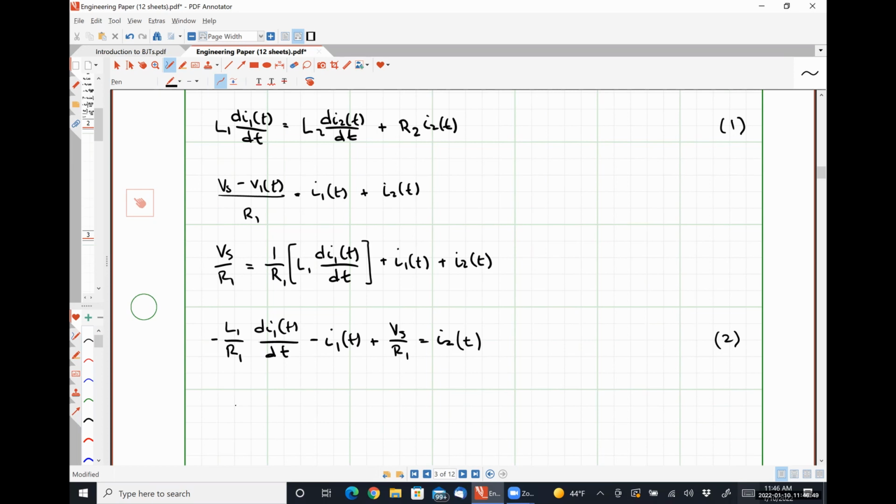So what happens when I take the derivative of the derivative? Second derivative, okay? So we're going to have negative L1 over R1 times the second derivative of I1 with respect to time. What happens when I take the derivative of I1 with respect to time? I get the derivative, right? Justin, what happens when I take the derivative of Vs over R1?